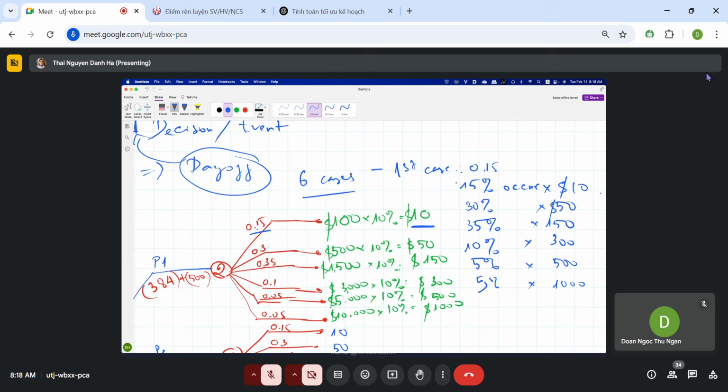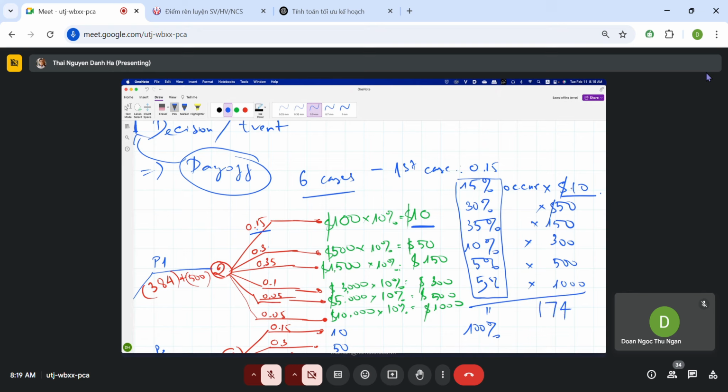So you can see that for the whole cases here, the total probability is 100%. When you multiply the amount under the different cases, we will have the 174.